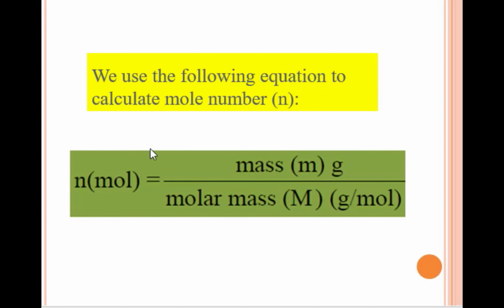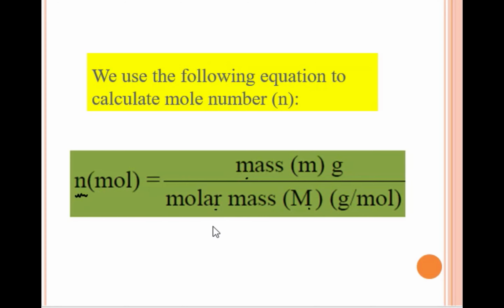We have a formula to calculate the mole number from the mass and molar mass. Mole, N, is equal to mass, which is symbolized by small m, over molar mass, which is symbolized by big M. Molar mass is also known as the gram atomic mass and gram molar mass.